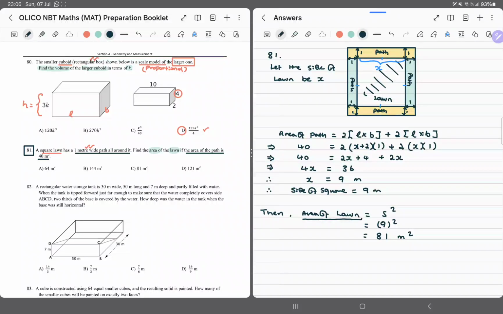Now we need to look for that answer in the options. And what do we see? Option C. So we can make a conclusion that our answer is effectively option C.